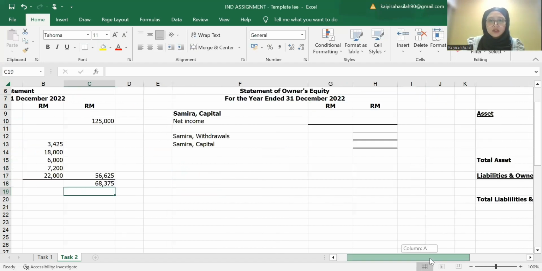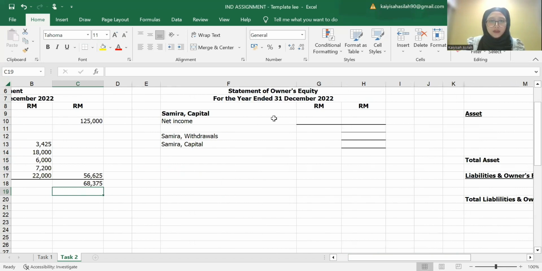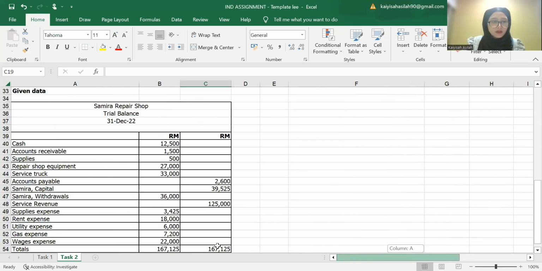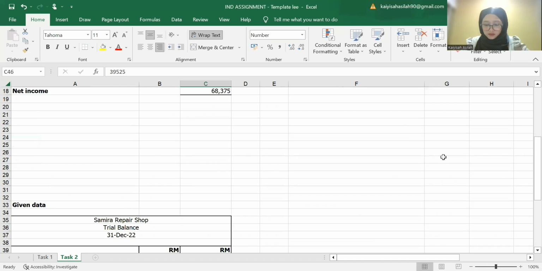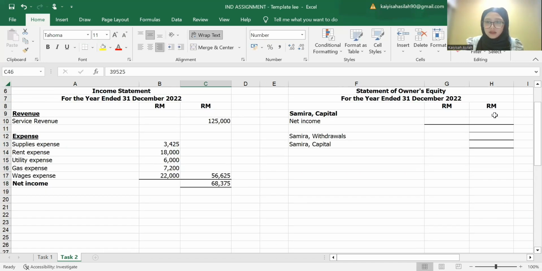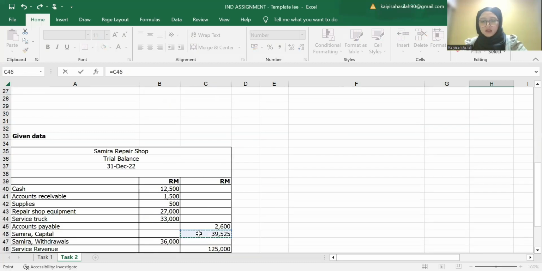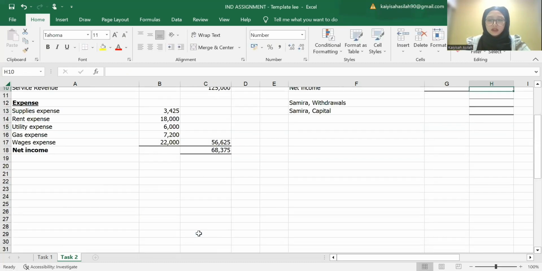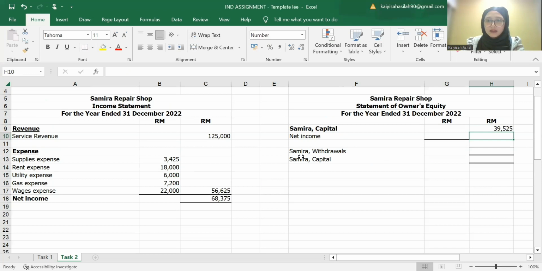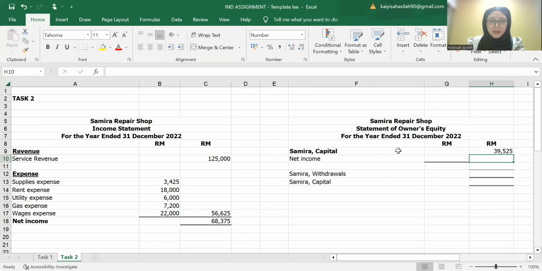So we go to the statement of owner equity. For the Samira Capital, we go to the credit. Samira Capital is a credit, 39,000. Enter. And Samira withdrawal and the net income.